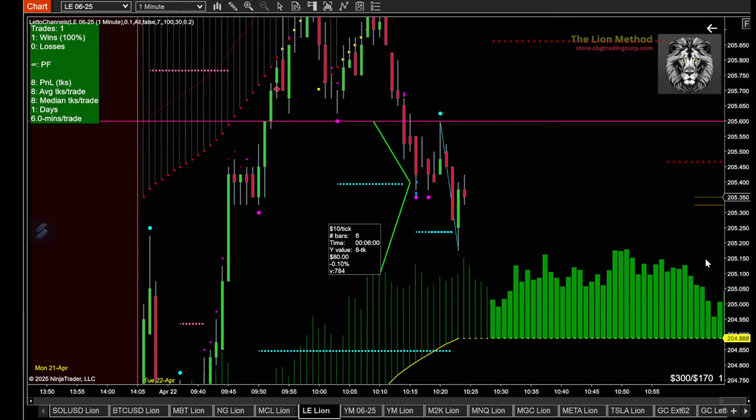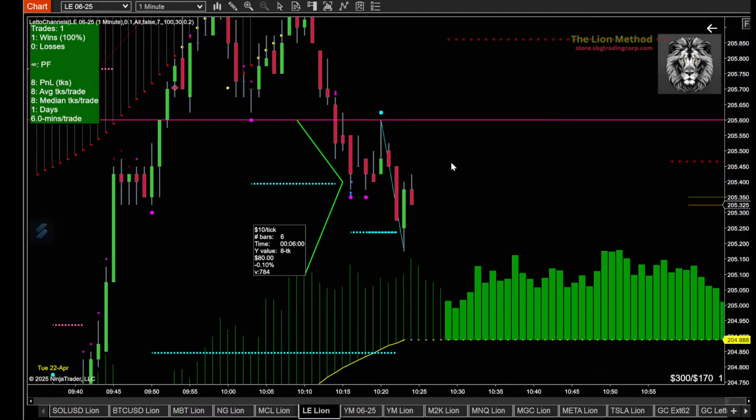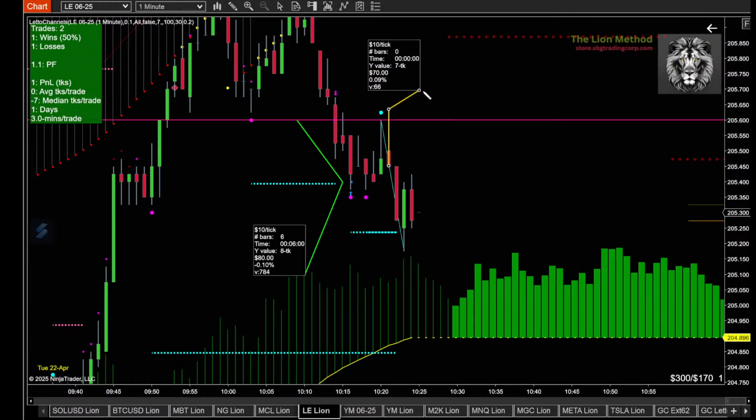Small number of contracts, very small risk. Honestly, if I'd entered here, I might have gone up to here. So 7 tick risk. I don't know. But that's not a lion trade.